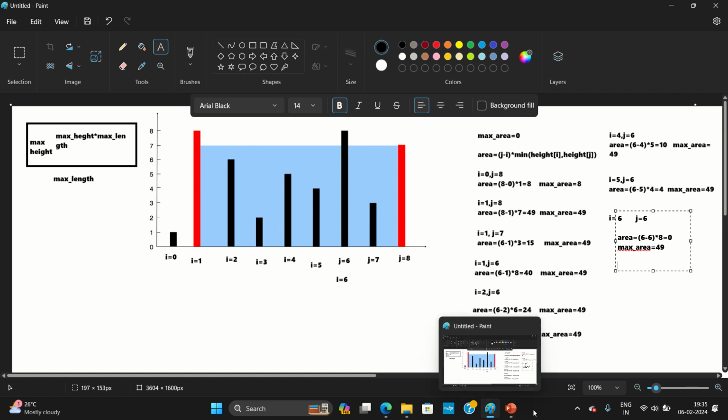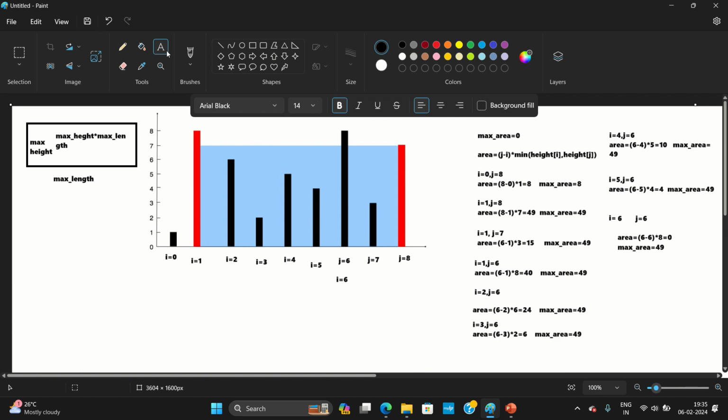And finally, we can consider i turns out to be 7 now. When i is equal to 7 and j is equal to 6, what are we actually doing? Area is j minus i multiplied by the height. So 6 minus 7 is negative. Negative value into height, which is always positive, gives a negative value, but area cannot be negative, right?